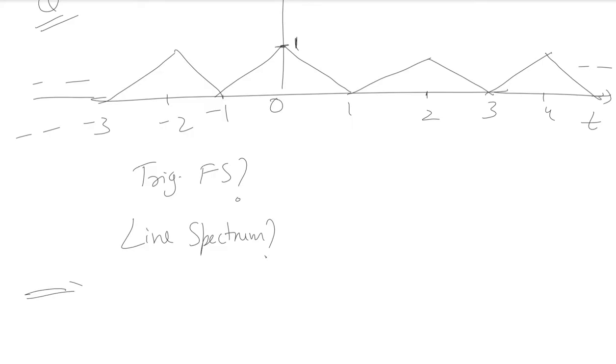The very first step is to identify the time period of this waveform. Clearly it repeats after every 2 units of time. So the time period is equal to 2, and the fundamental frequency omega naught, which is 2 pi by T, is equal to pi.